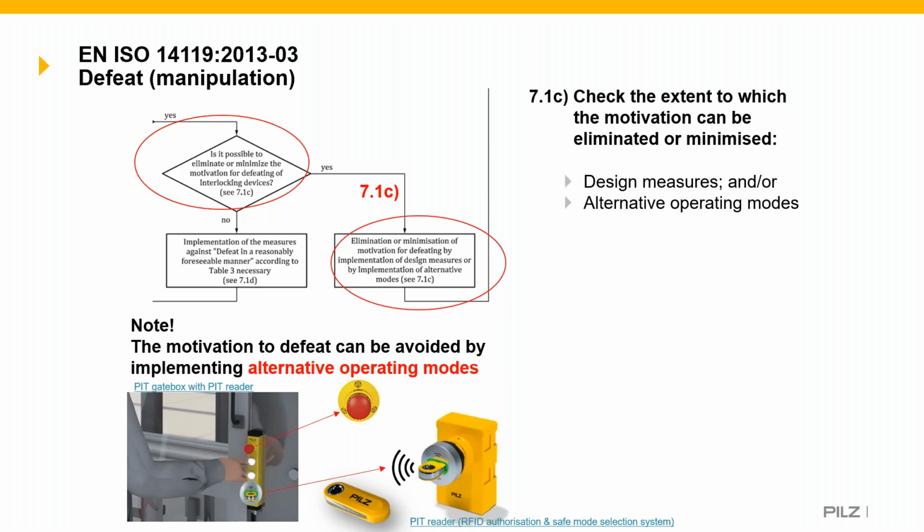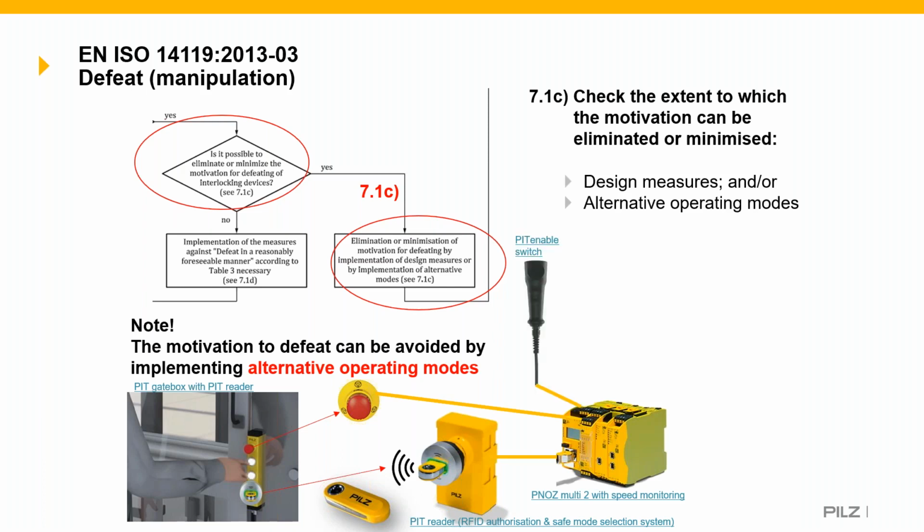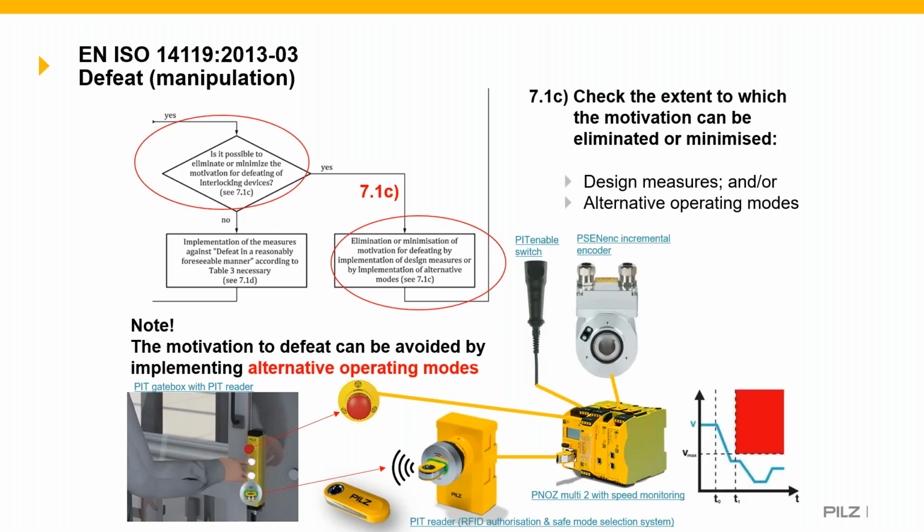So only the trained and authorized person can operate the interlock and stop the machine. You may wish to run the machine at a reduced speed during setup mode, or in line with an enabling switch to-hand control, or use an incremental encoder to determine safe position and speed. This allows trained and authorized personnel to work safely within the machine's danger area without defeating the interlocking device.